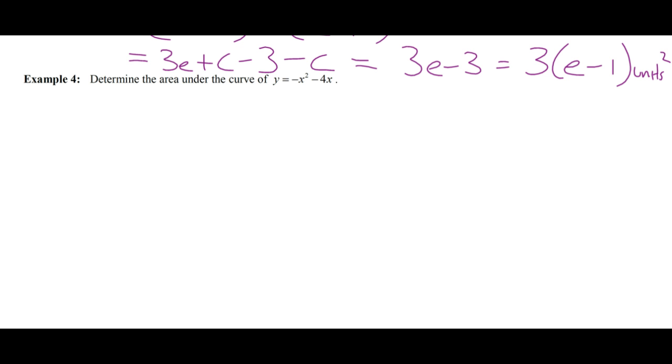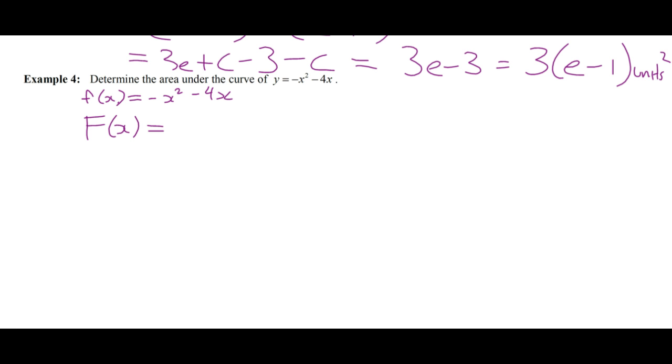Determine the area under the curve y equals negative x squared minus 4x. Okay, so starting point, right? We have a function, and we need a function whose derivative is that. So what might this be? Negative 1, right? Because it's a constant.